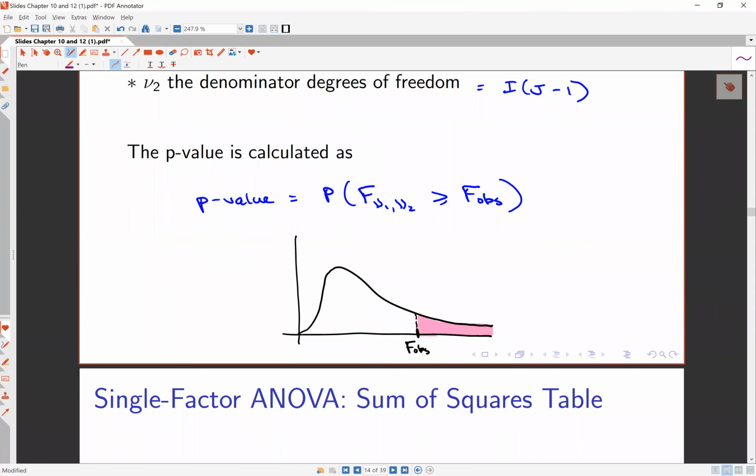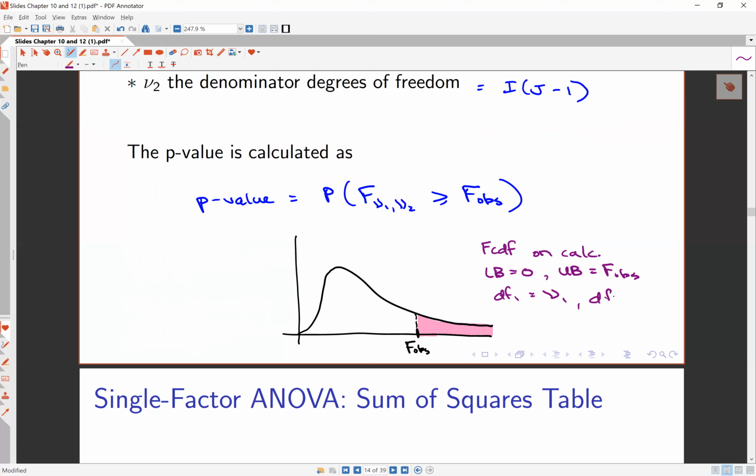You're going to see that you'll have a function called FCDF on your calculator. And this will require you to enter a lower bound of 0, an upper bound of F observed. Degrees of freedom 1 will be your numerator degrees of freedom.